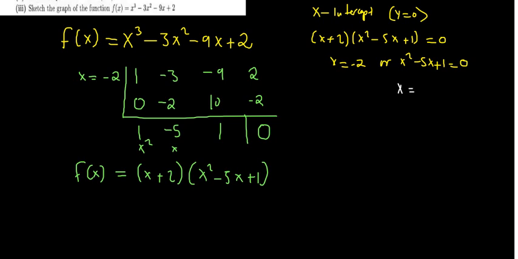So x is going to be negative b plus or minus the square root of b squared, negative 5 squared is 25, minus 4, a is 1, c is 1, over 2a. So this will give us x being 5 plus or minus the square root of 25 minus 4, which is 21, over 2. Do we have a square root of 21?